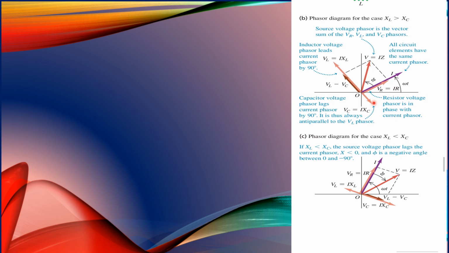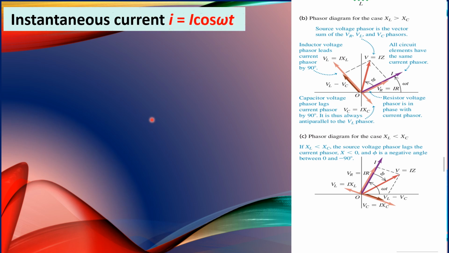As shown also in the phasor diagram, we assume that the source supplies a current i given by the equation small i equals capital I cosine omega t, where capital I, of course, is the current amplitude, omega is the angular frequency, and small t is the instantaneous time.